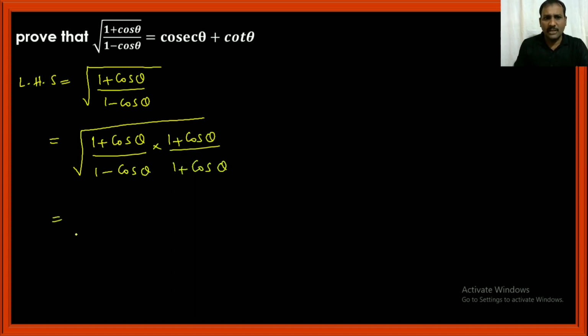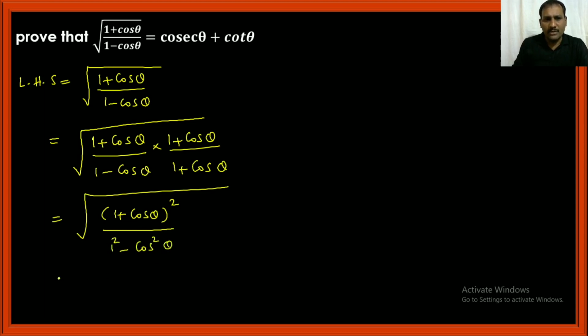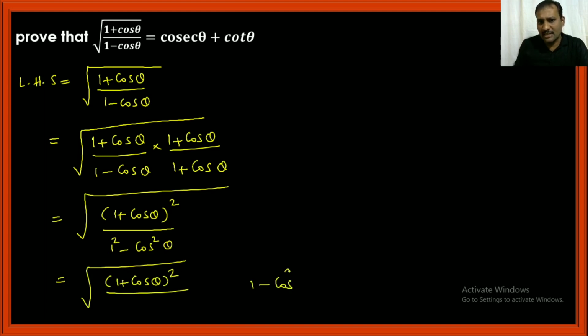So that is equal to, if you multiply 1 plus cos theta into 1 plus cos theta, 1 plus cos theta whole square by 1 minus cos theta into 1 plus cos theta. A minus b into a plus b will become a square minus b square. So in the denominator, 1 minus cos square theta, we have the formula as sin square theta.